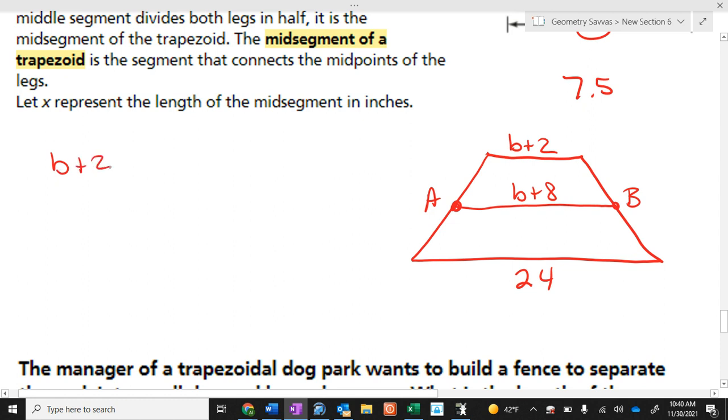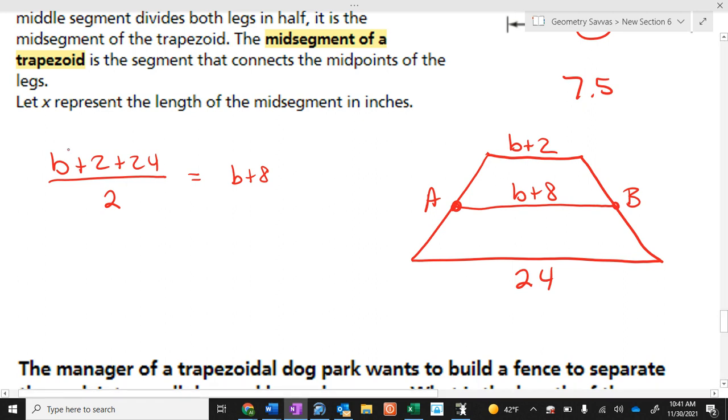B plus 2 plus 24, divided by 2, equals B plus 8. Because you're taking the average, you add them up and divide by 2.